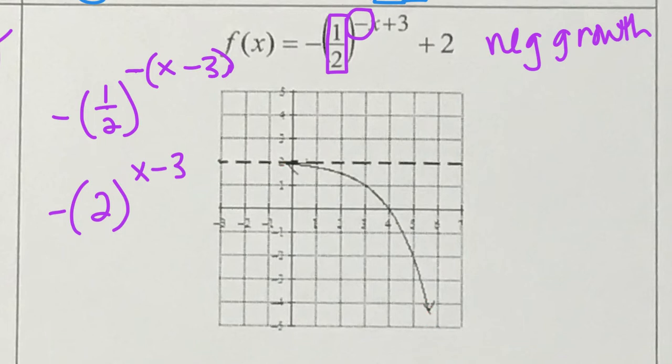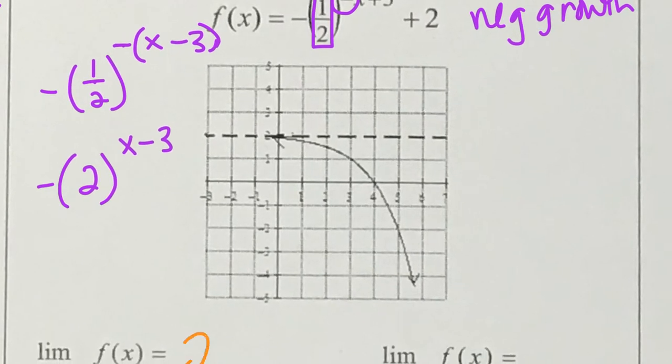Negative growth. So to the left for our negative growth function, the graph is approaching positive 2, right, the horizontal asymptote. And as x goes to infinity, to the right, the graph is approaching negative infinity.